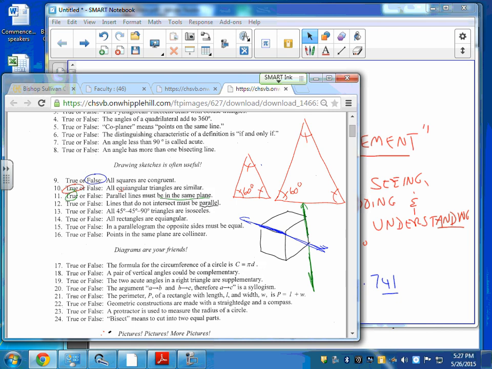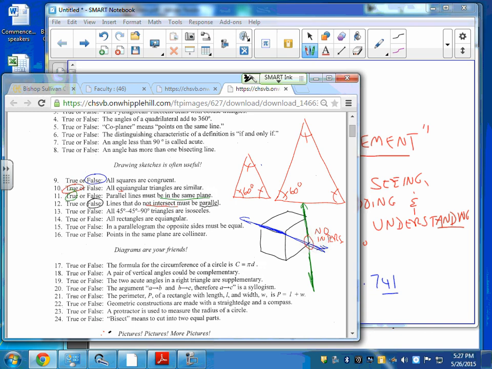It sort of looks like they cross here, but of course they don't. You can just take a small model and convince yourself. So no intersection. And the question says lines that do not intersect must be parallel. Well, obviously this blue and green line are not parallel, so that is a false statement.